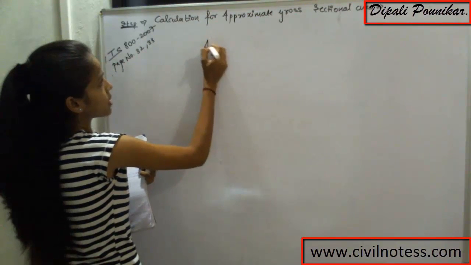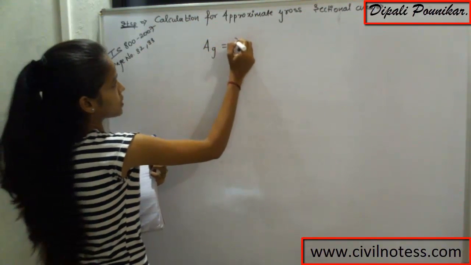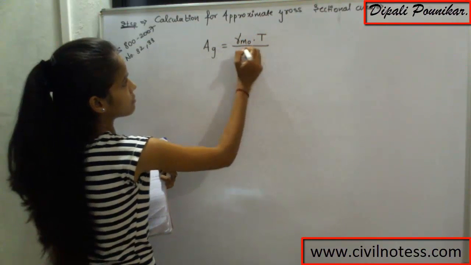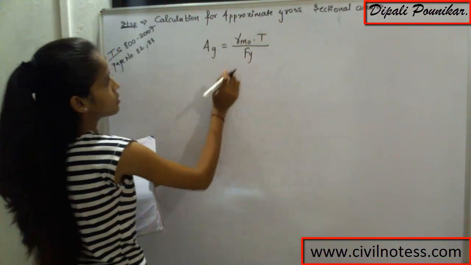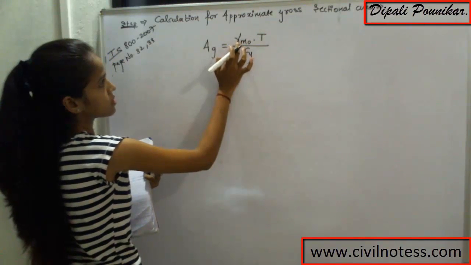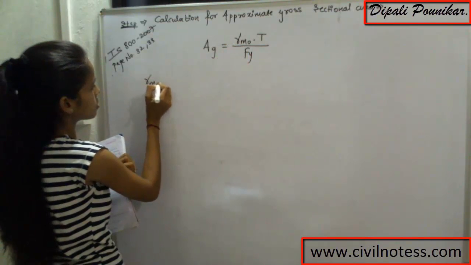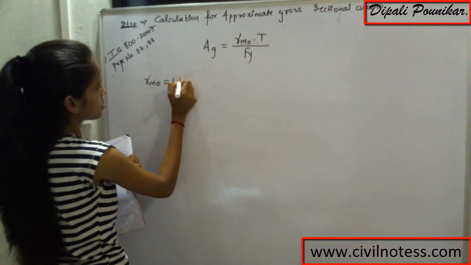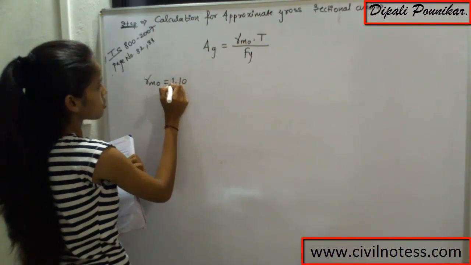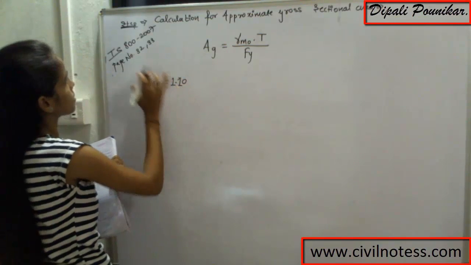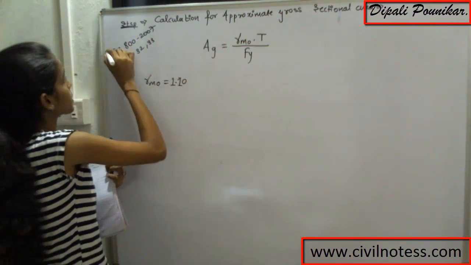The formula is AG equals gamma m0 into T upon Fy, and the value of gamma m0 is also given in IS code 800/2007.